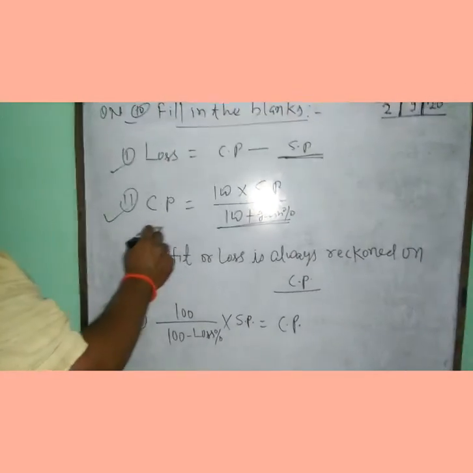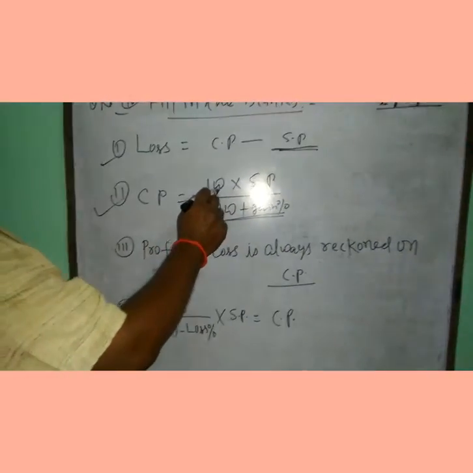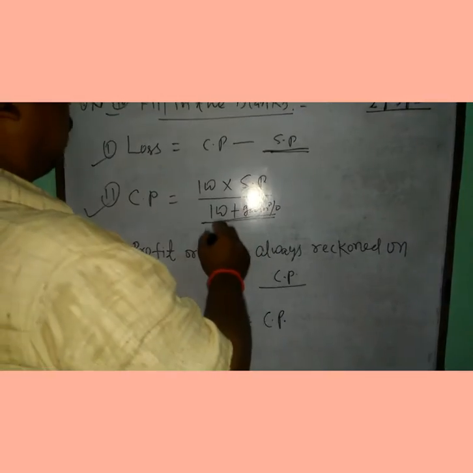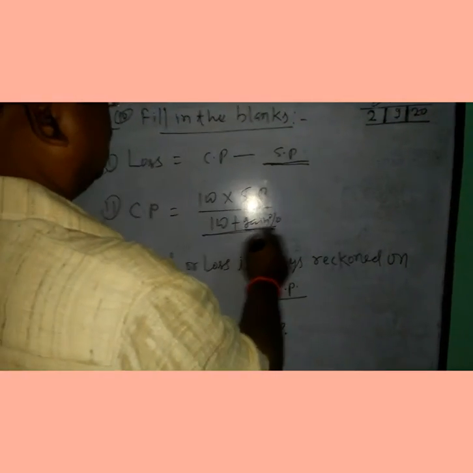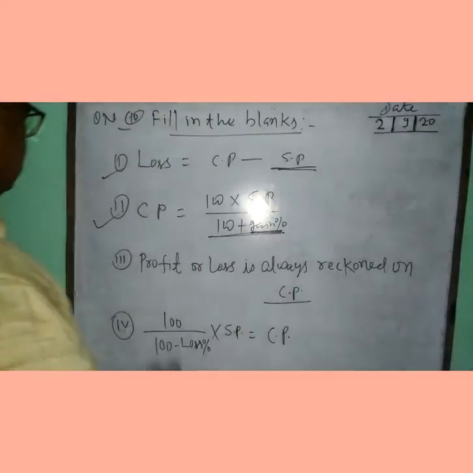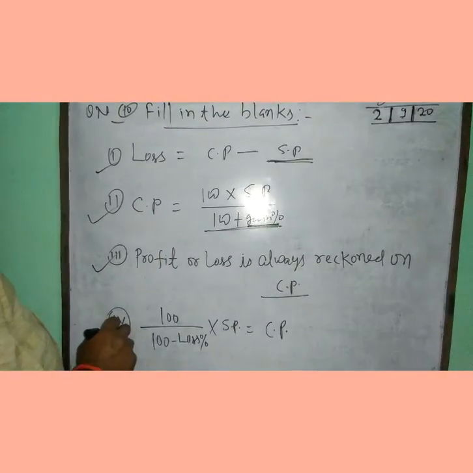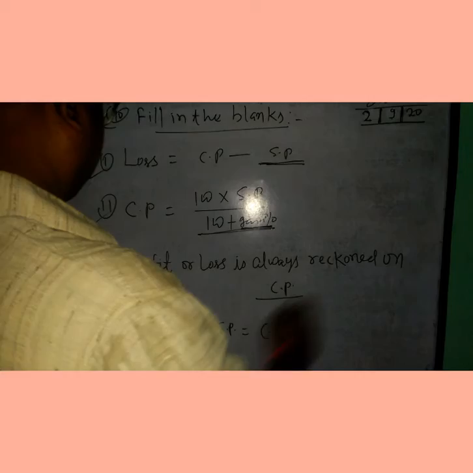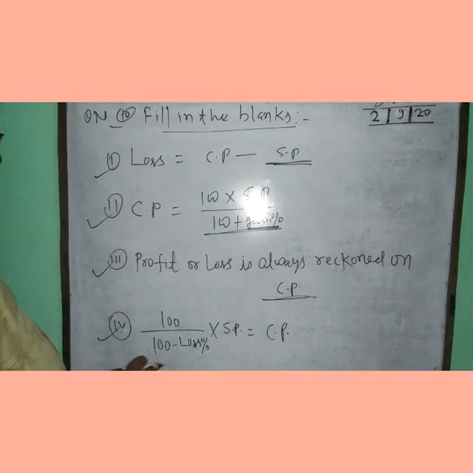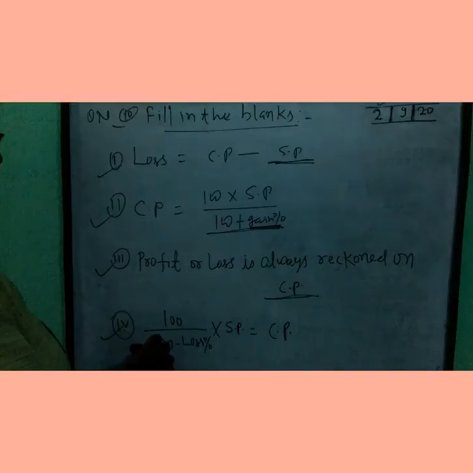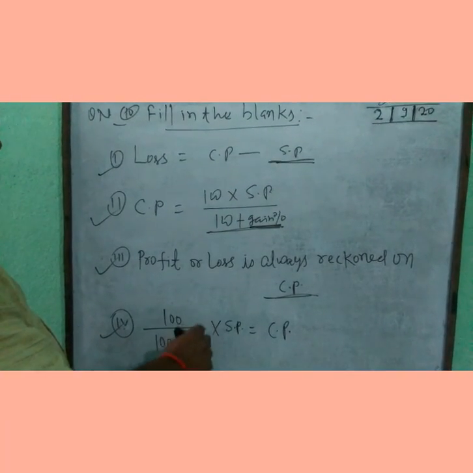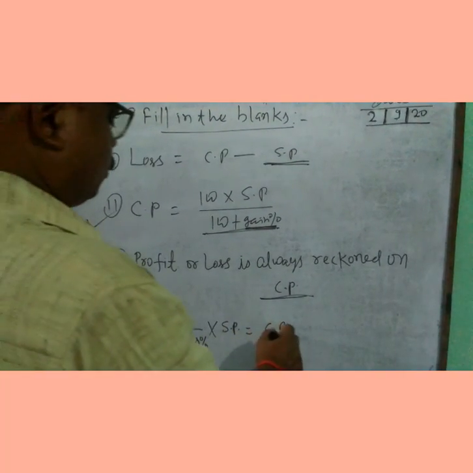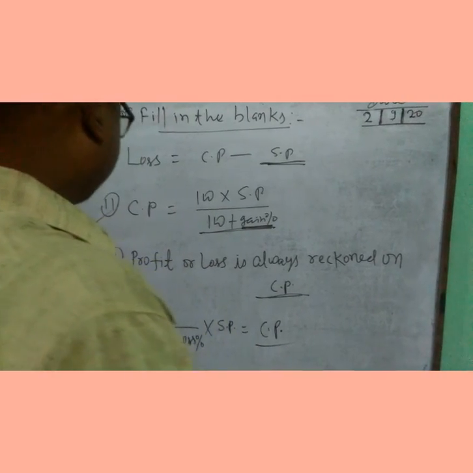Second question: CP is equal to 100 multiply SP by 100 plus gain percent. 3: Profit or loss is always reckoned on CP. 4: 100 by 100 minus loss percent multiply SP is equal to CP.